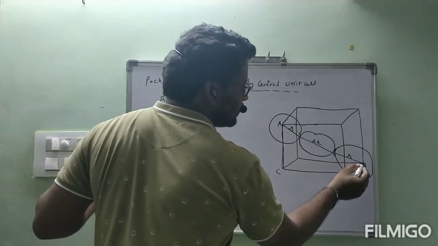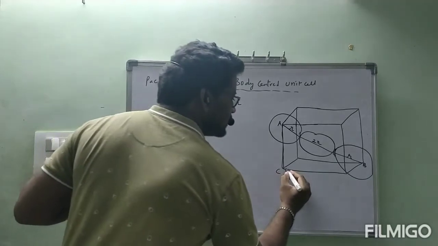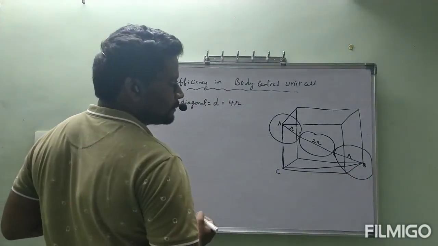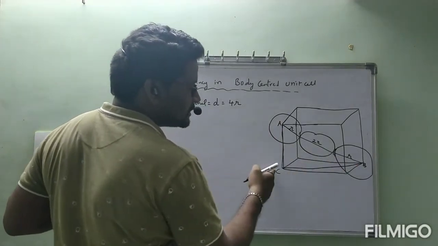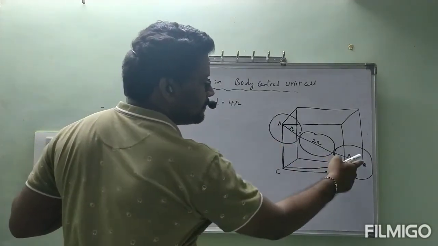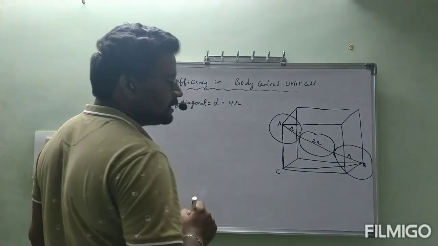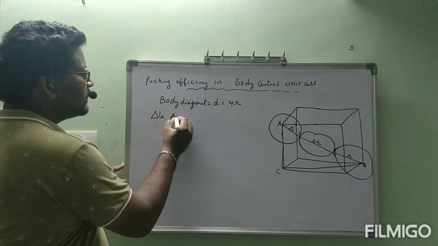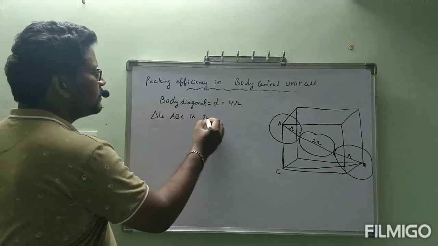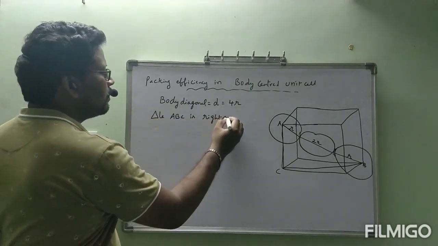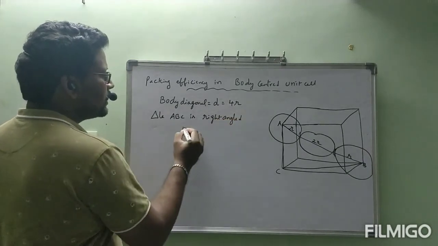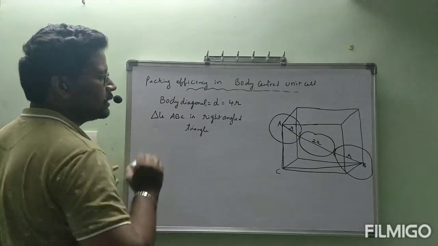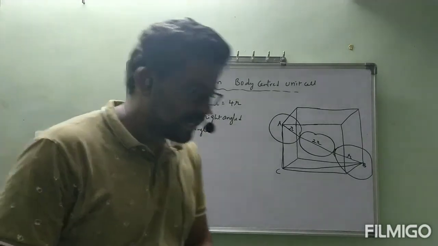From A to B, B to C. See, A, B, C will form a right angle triangle. Triangle ABC is a right angle triangle.